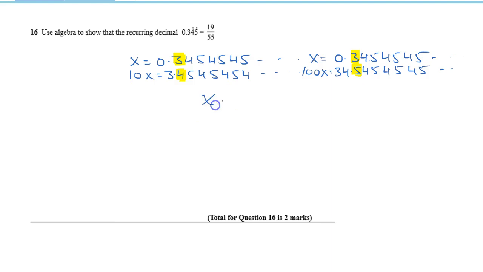So if x is equal to 0.345, so 1000x is equal to, now I move this 3 here, 345 point. The 3 is not repeating, only 45 is repeating.